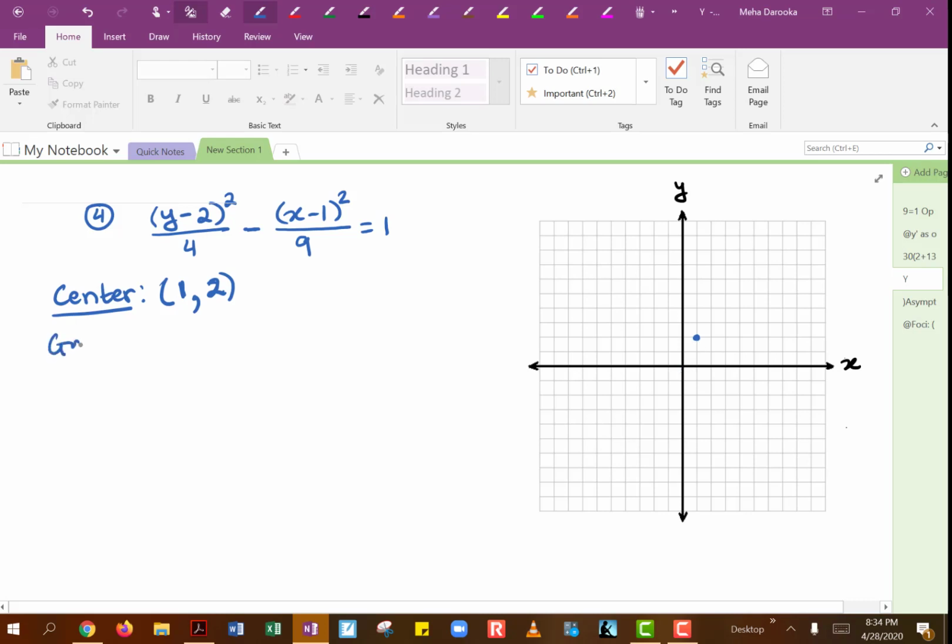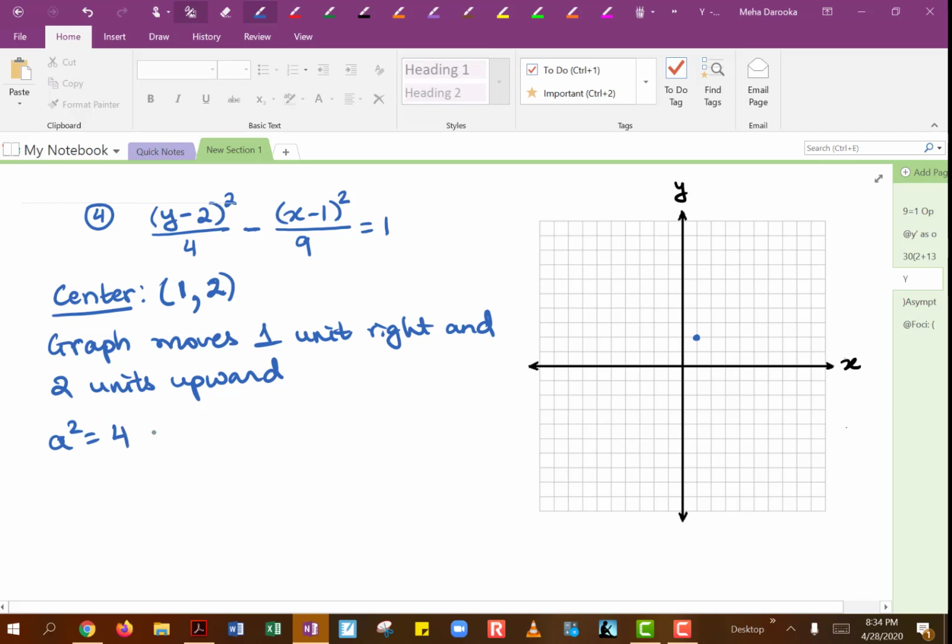So we say the graph moves 1 unit right and 2 units upward. Okay, so your a value is going to be a square is 4, which means a value is 2. B square is 9, which means B value is 3.